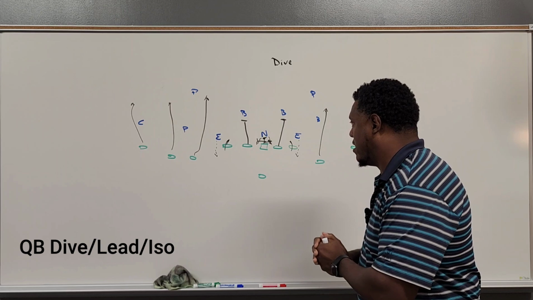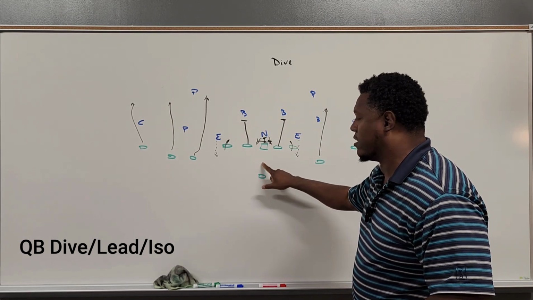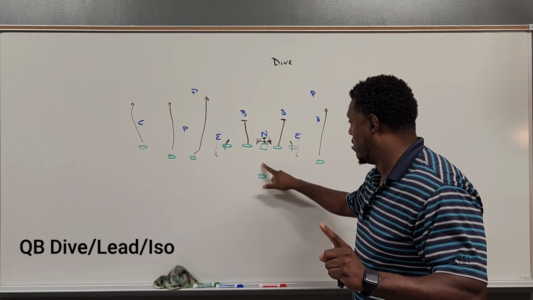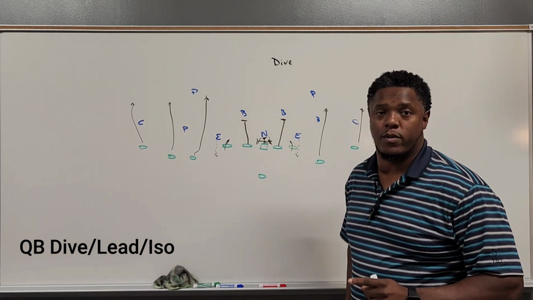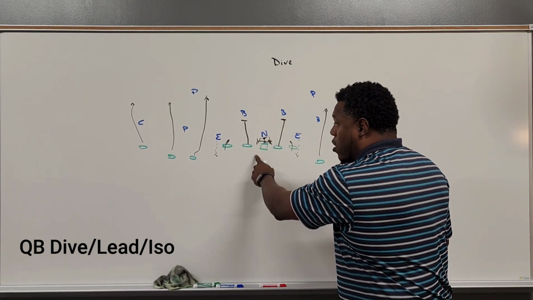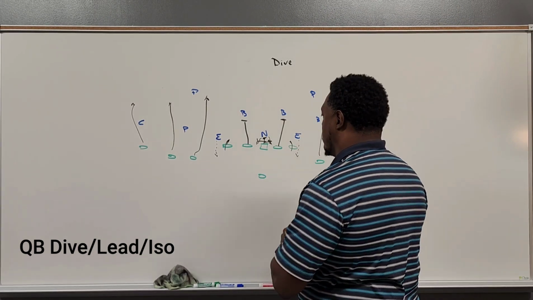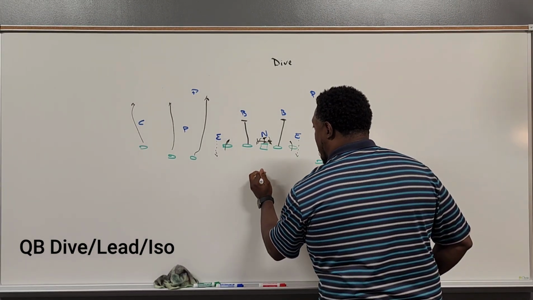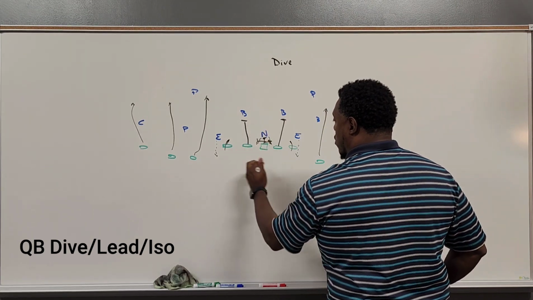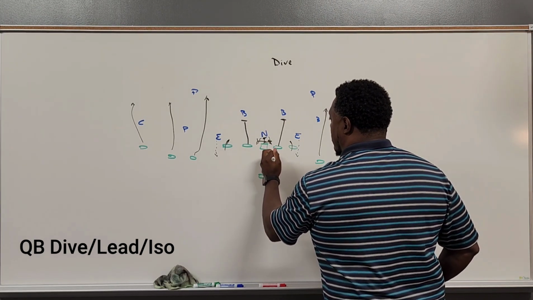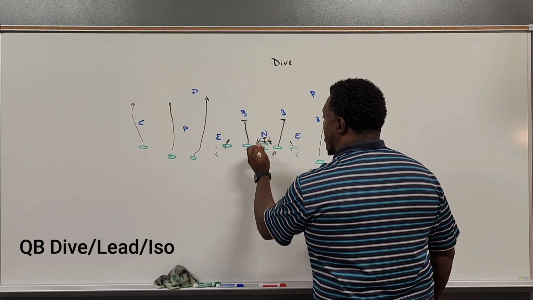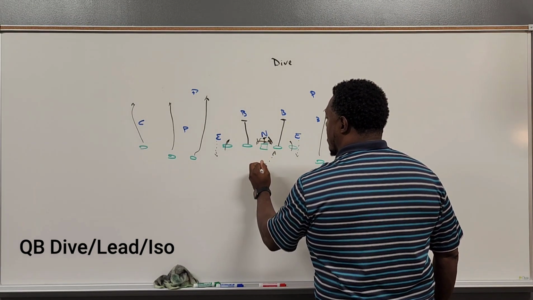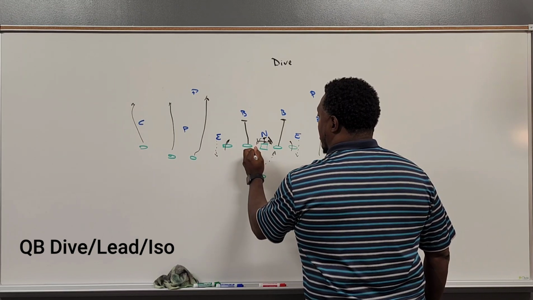If the nose goes this way, he attacks that B gap to this side, A gap to this side. If the nose goes this way, he attacks A gap to that side. Now he's reading the level of the second defender. So if the defender comes in, he's being blocked, he's going to work there. If that defender goes out, he's blocked, he's going to work in here.